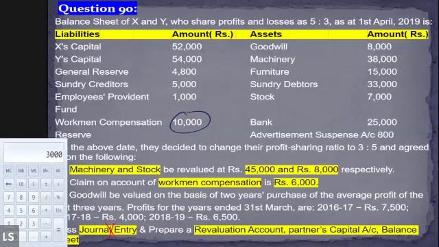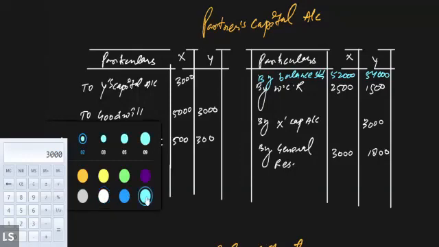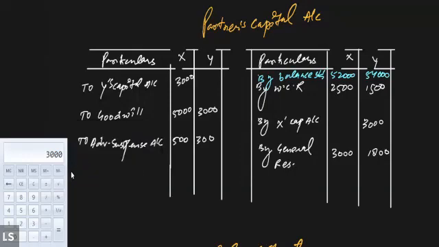So all we need to do is find out the closing balance of the partners. So I'll write down to balance sheet. It will be 52,000 plus 2,500 plus 3,000 and minus 3,000 minus 5,000 minus 500.